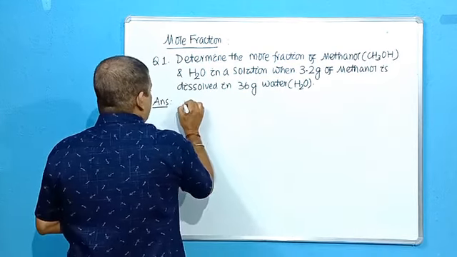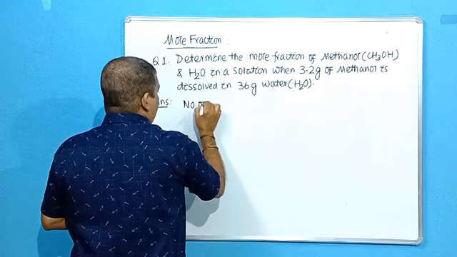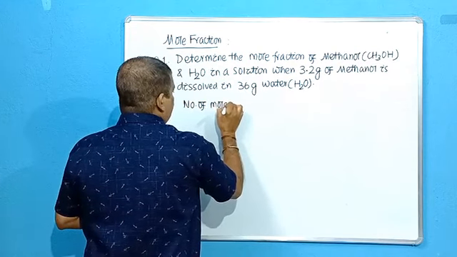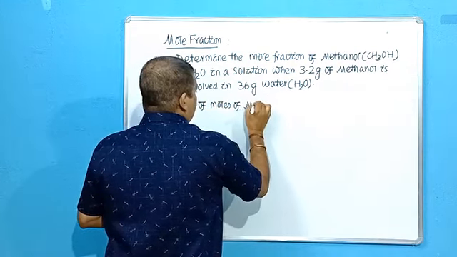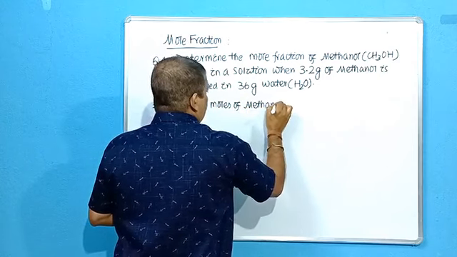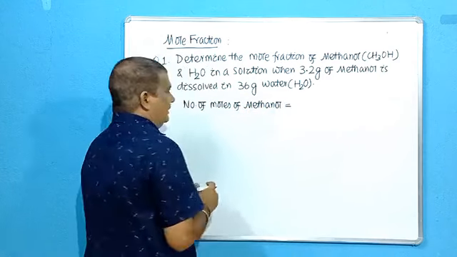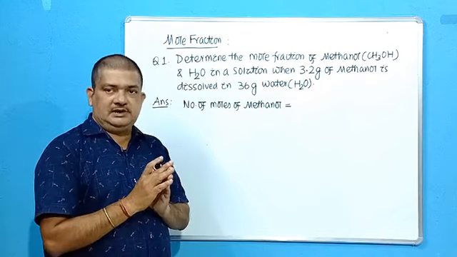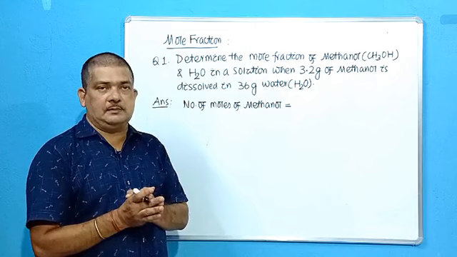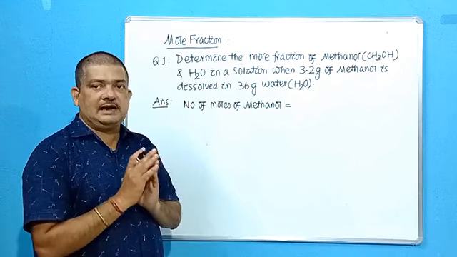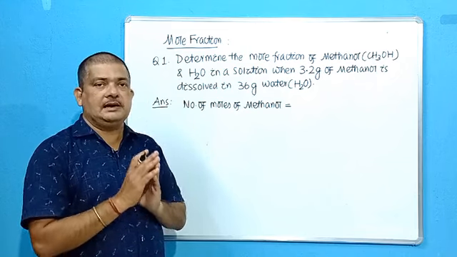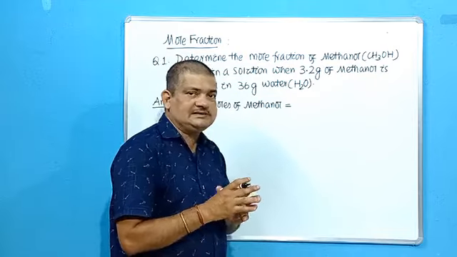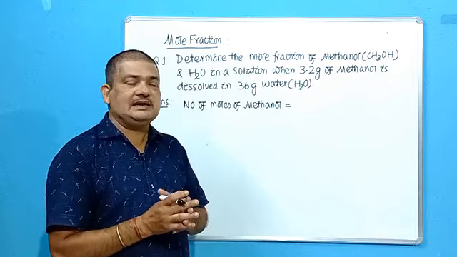First, the number of moles of methanol. How to calculate the number of moles? The formula is the mass of the given substance divided by the molar mass. Mass will be given in grams, molar mass will be in gram per mole. What is molar mass? The molecular mass expressed in grams.